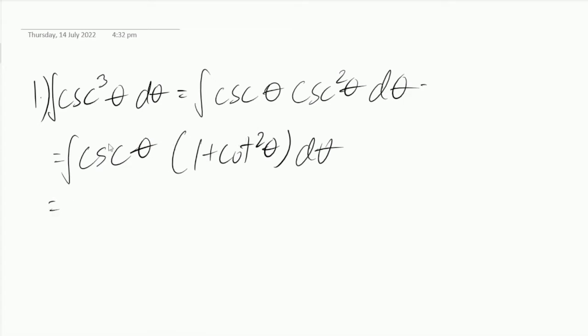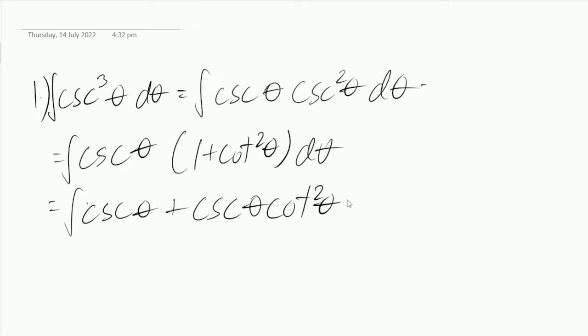So next we will multiply cosecant to both of these terms here, so it will become cosecant theta plus cosecant theta cotangent squared theta d theta.